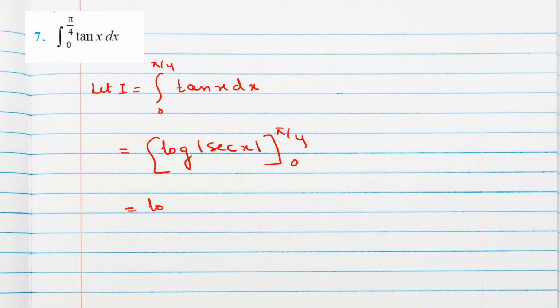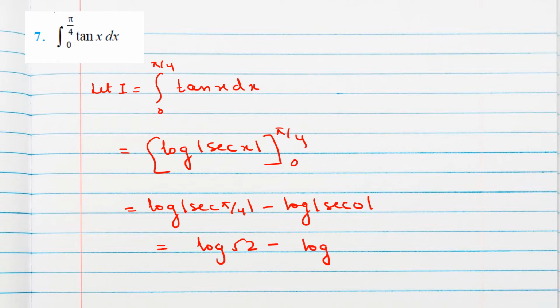So first we'll write x value pi by 4 minus then x value 0. So sec pi by 4 will be root 2, so log root 2 we can write. Sec 0 is 1, so log 1 we will get, which is 0. So log root 2 is the answer.